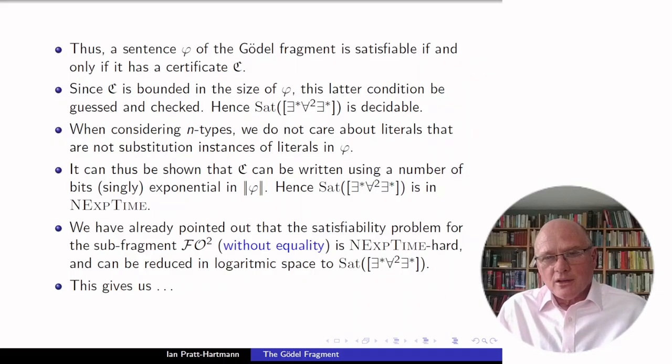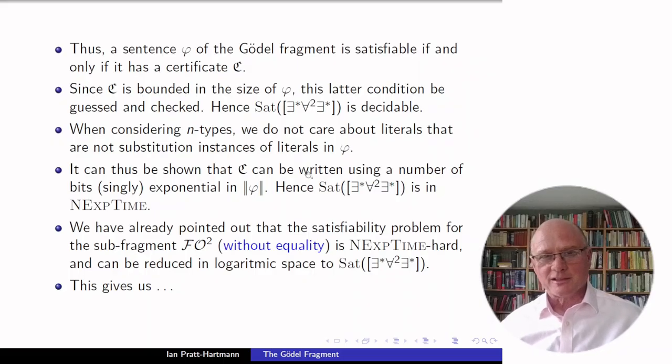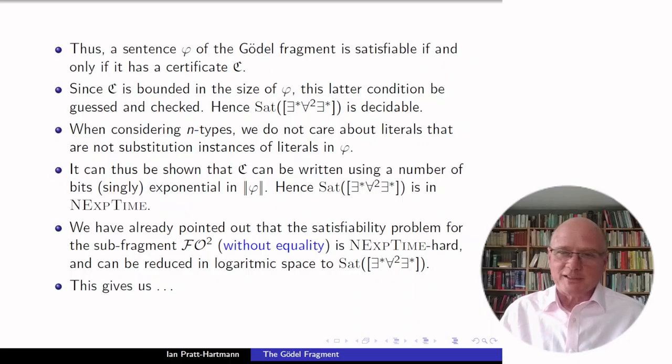So what we can do is look at all the literals in phi, look at all the substitution instances of those literals, and when constructing types, you can choose whether the literals in the type are positive or negative, assuming that those literals are substitution instances of atoms occurring in phi, and then we can just make all the other literals false.